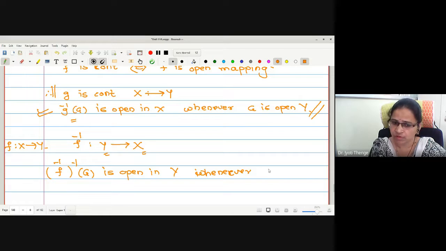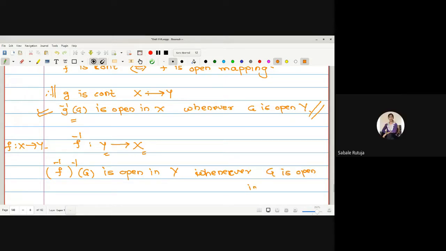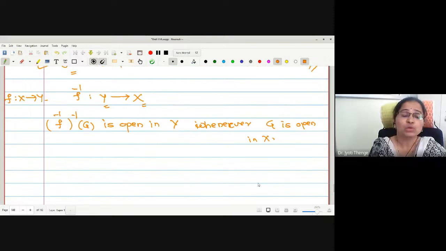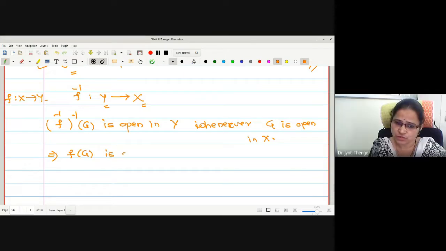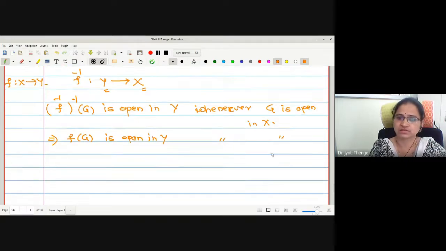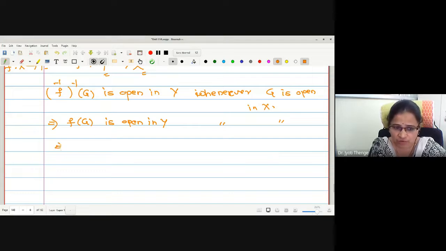Yes. Whenever G is open in X. But what is the inverse image of F inverse? Is it the function F itself? Therefore, if G is open in Y, whenever G is open in X, can I write G open in X implies G is open in Y?